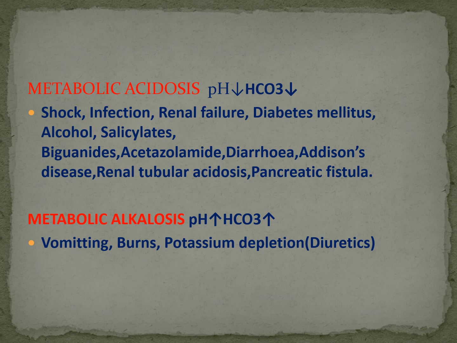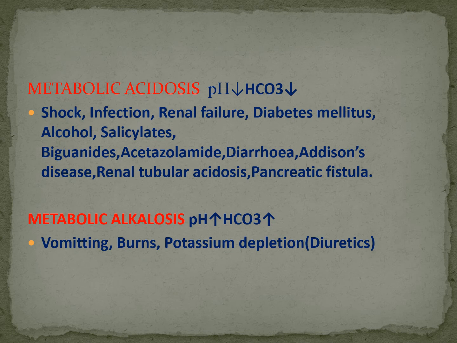In metabolic alkalosis, there is an increase in pH and bicarbonate. That is due to vomiting, severe pain and potassium loss, that means using diuretic drugs. These are the commonly happening things, because if there is sudden shock or renal failure, we check the blood pH and can identify that the pH level and the bicarbonate level have decreased.